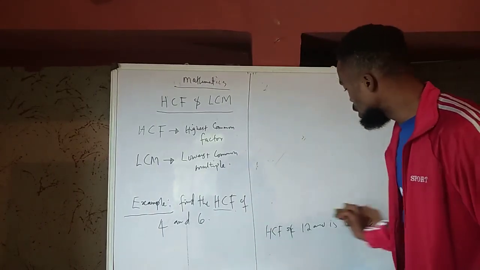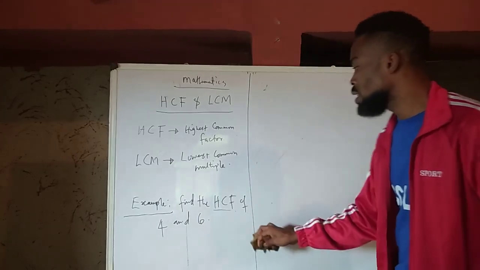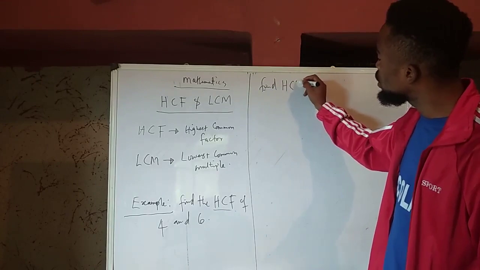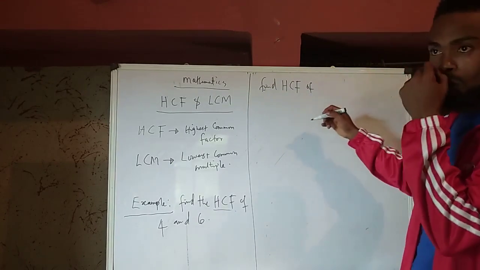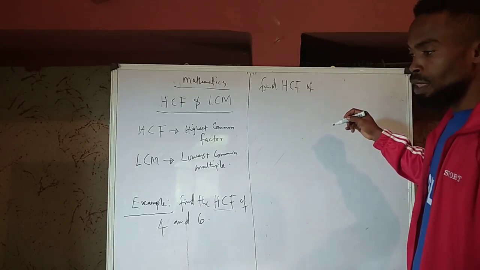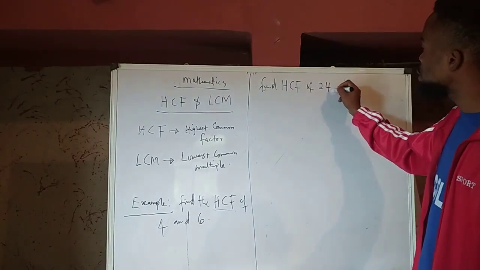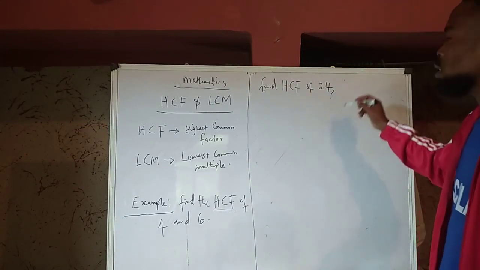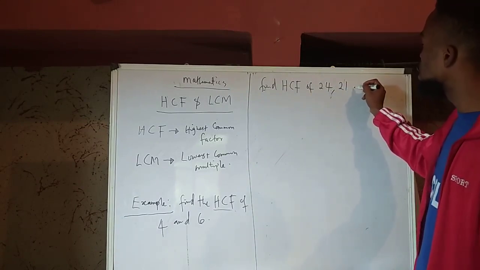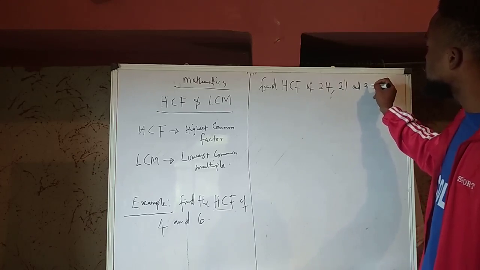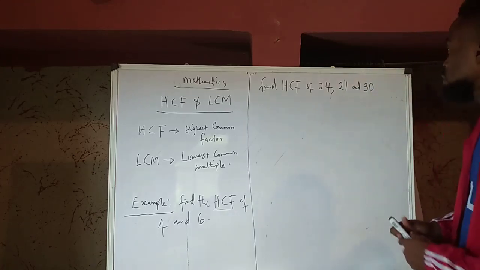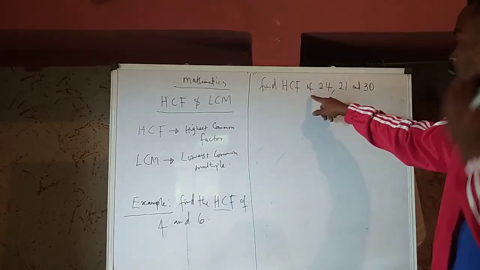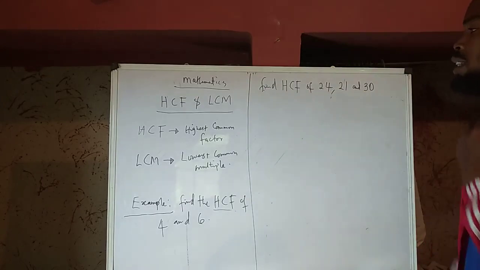Let's say that we should find the highest common factor of 24, 21 and 30. So we have 3 numbers. The highest common factor of 24, 21 and 30.